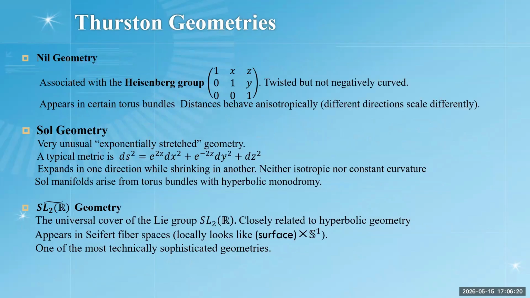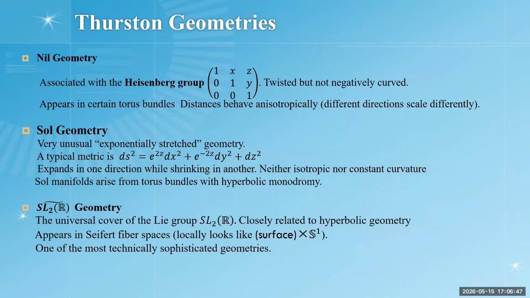This Nil space, Nil geometry, is associated with the Heisenberg group, given by this one. So basically some translation generators. And this space is twisted, but not negatively curved. And this Nil geometry appears in some torus bundles. But the strange thing is that distances behave anisotropically.